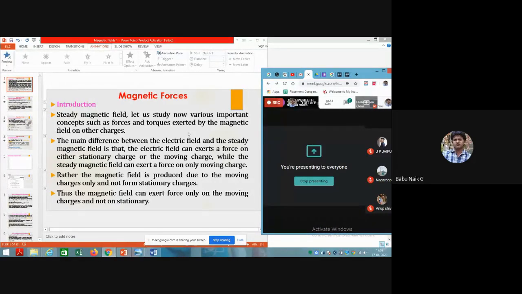How forces will be in both electrostatic and magnetostatic fields combined. Till now we have seen only electrostatic and magnetostatic individually. From this module onwards, let us take both combined.